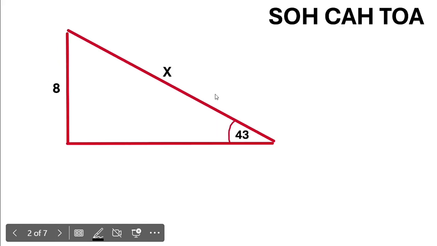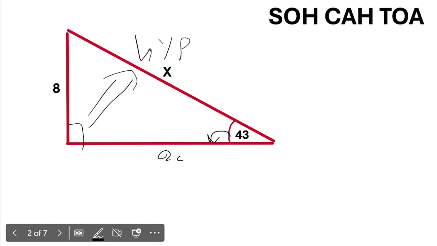Now, here we have the angle 43, and here we have a right angle triangle. The side opposite the right angle is called hypotenuse, x is the hypotenuse, and the side next to the angle 43 is called adjacent. Here adjacent is unknown, we don't want it.